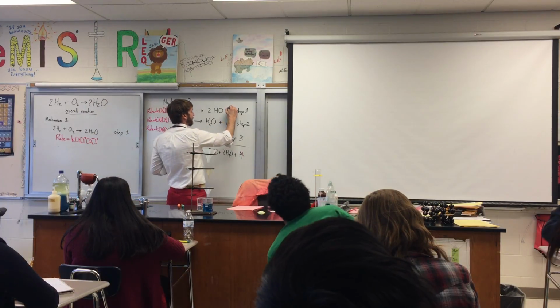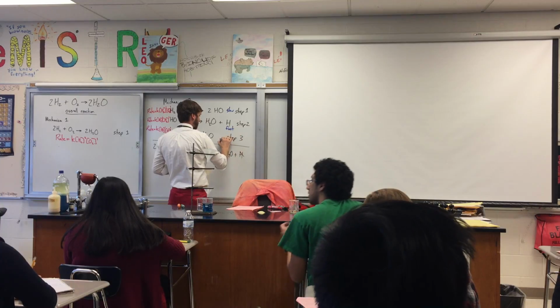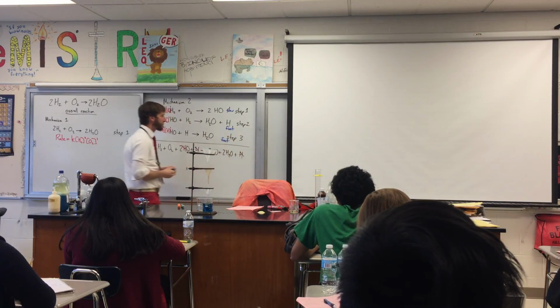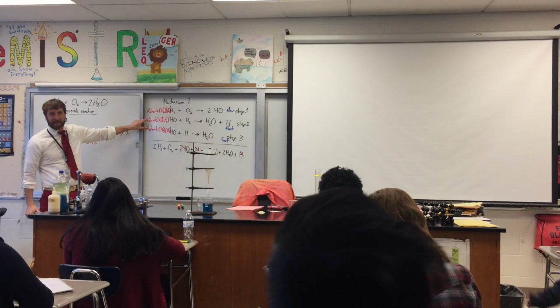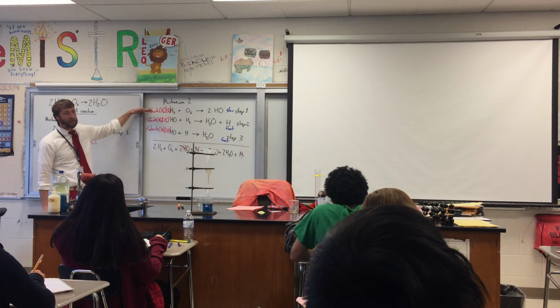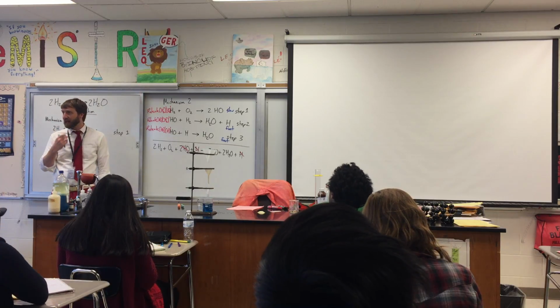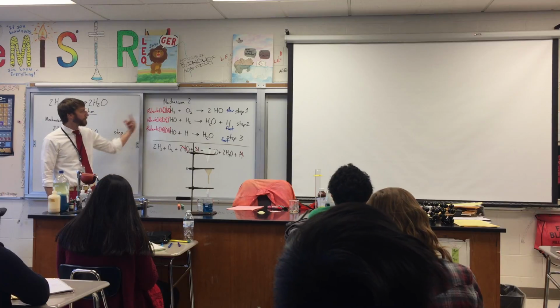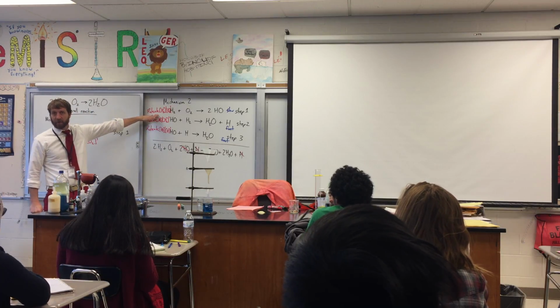Let's say this one is slow, and these two are fast. Well, again, these rate laws no longer matter. Doesn't matter how fast step 2 and step 3 occur, because we're going to be waiting for step 1 to occur. As soon as step 1 is done, the other two are going to blast right through, right? Well, if step 1 is the slow step, then this is the rate law for this mechanism.